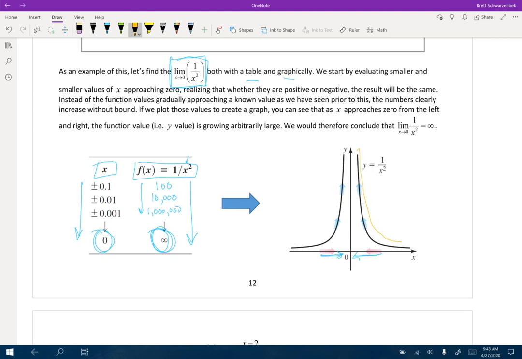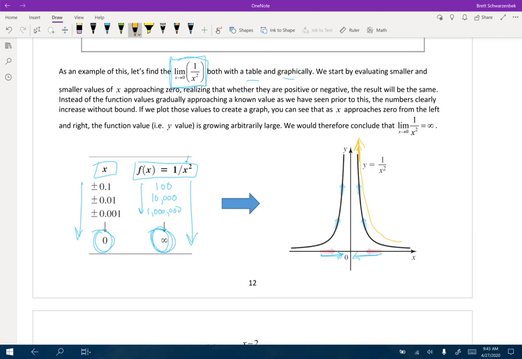We don't actually end at a value. We just keep on going forever in the up direction, knowing that we never actually get to 0. We could keep on going all the way up here, but we're never going to cross the y-axis, which means that in terms of height, we're heading to infinity without bound.